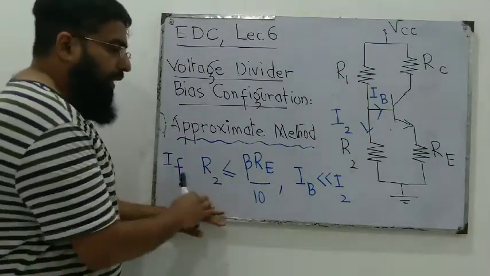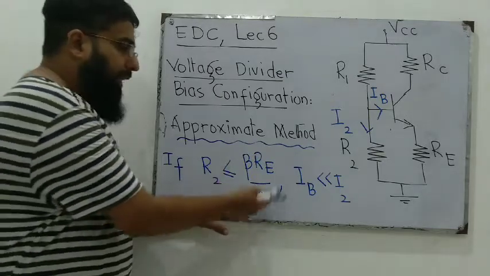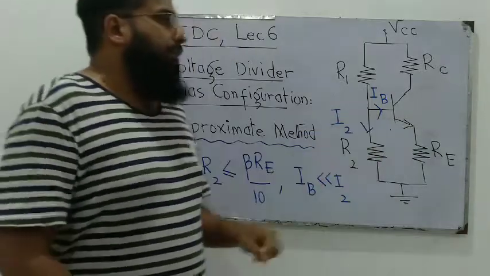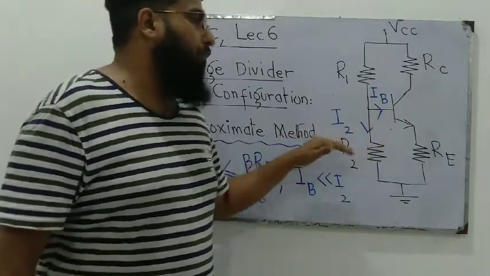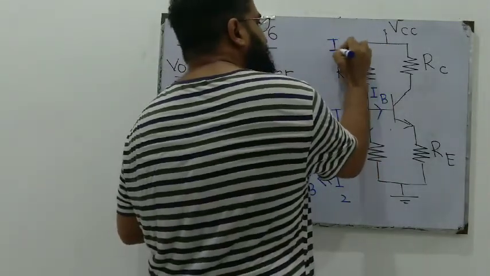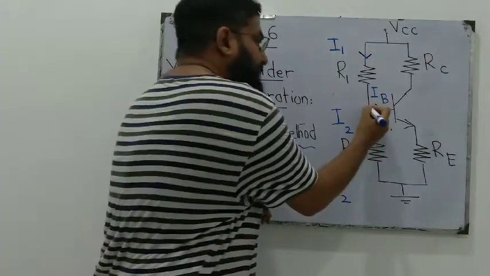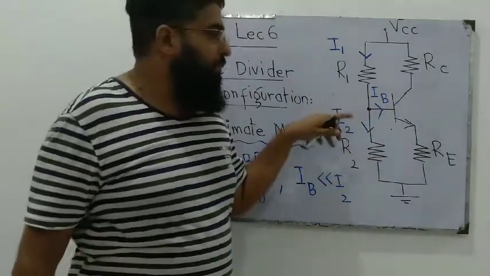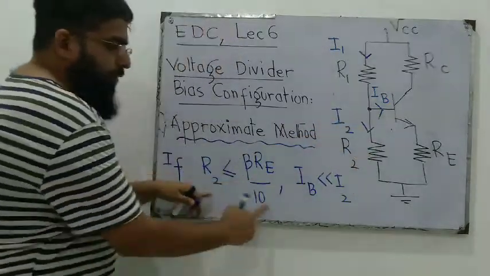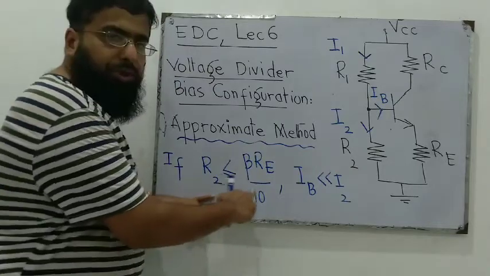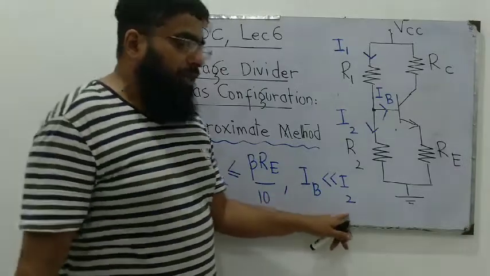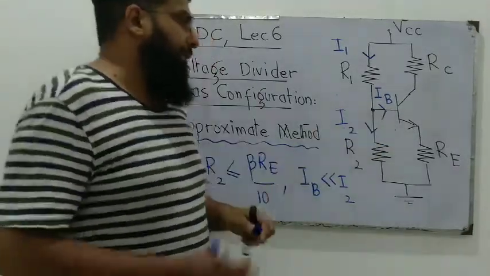The assumption is that if R2 is less than or equal to beta times Re over 10, we can assume that the current IB that enters into the base is negligibly small compared to I2. In fact, the current I1 that flows through R1 is split at this junction and becomes I2 and IB. If this assumption holds, that R2 is less than or equal to beta Re over 10, IB would be negligibly small compared to I2 and we can neglect it.